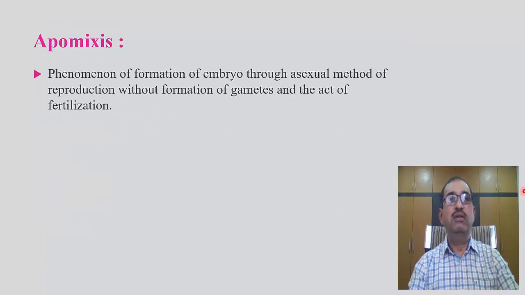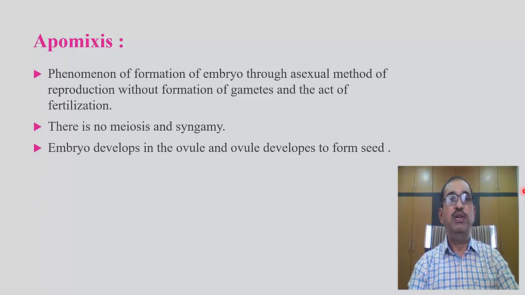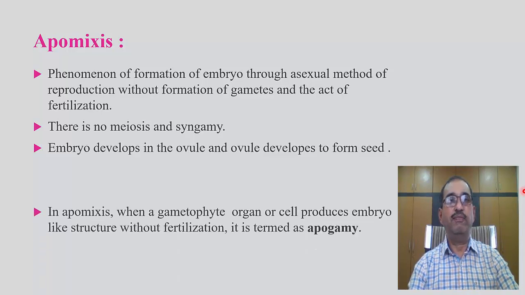Apomixis is a phenomenon of formation of embryo through an asexual method of reproduction without formation of gametes and the act of fertilization. There is no meiosis and syngamy in apomixis. Embryo develops in the ovule and the ovule develops to form seed.